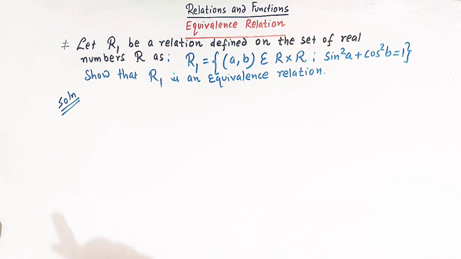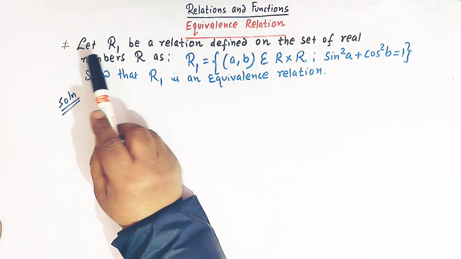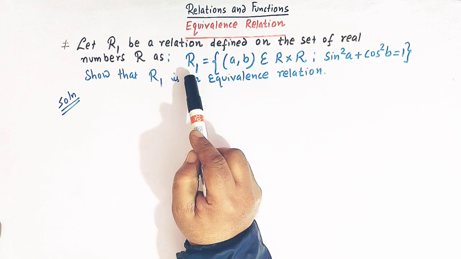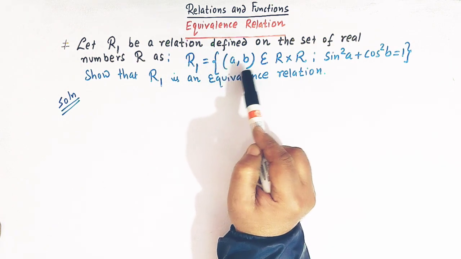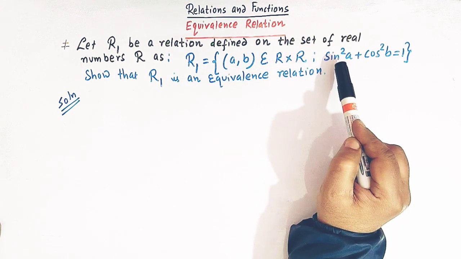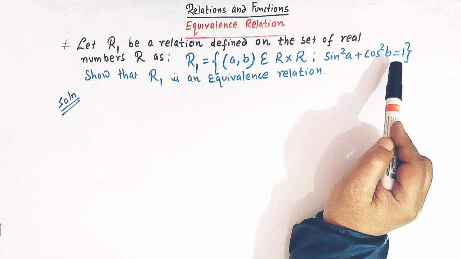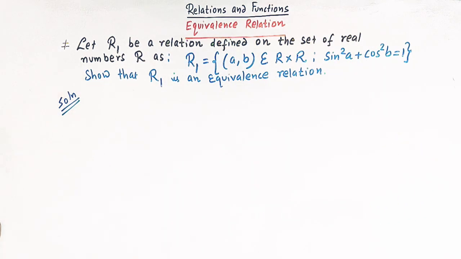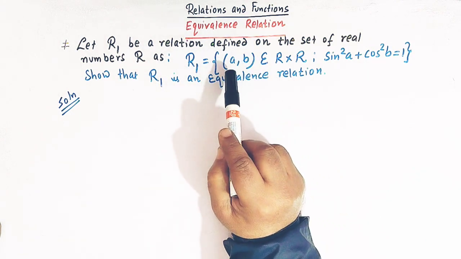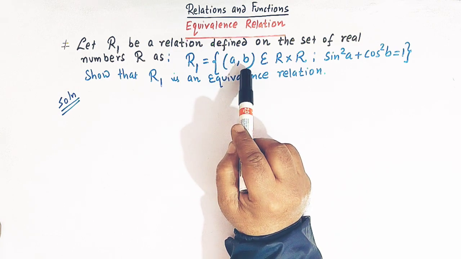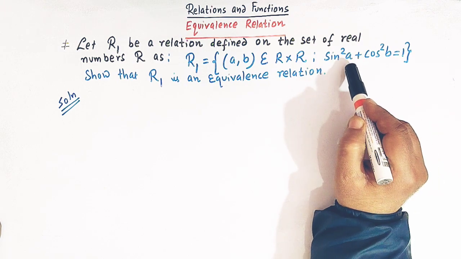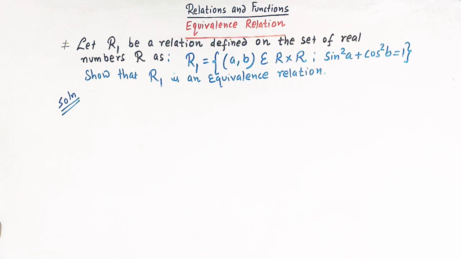So here we have a problem in which we are given that R1 is a relation defined on the set of real numbers R, as all ordered pairs (A, B) belonging to R cross R such that sine square A plus cos square B is equal to 1, and we have to show that this relation R1 is an equivalence relation for all ordered pairs (A, B) which satisfy this relation, that is sine square A plus cos square B is equal to 1.